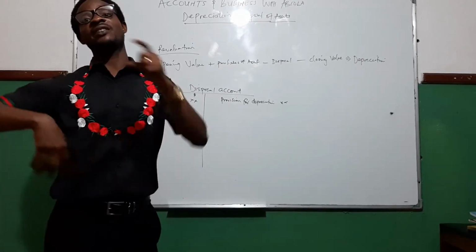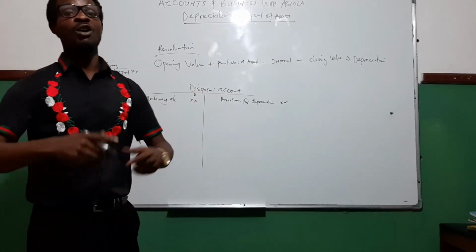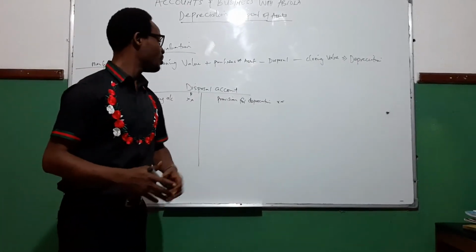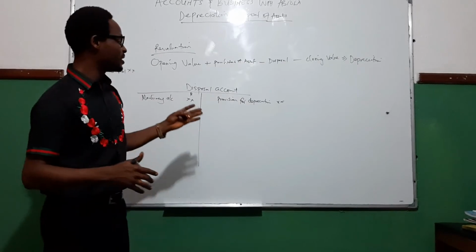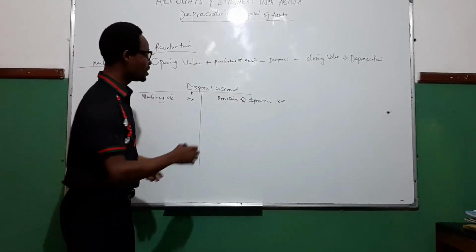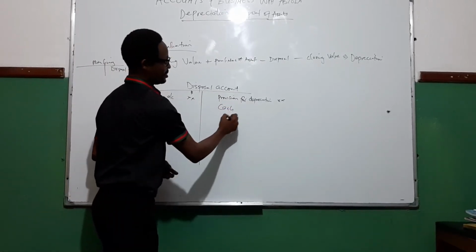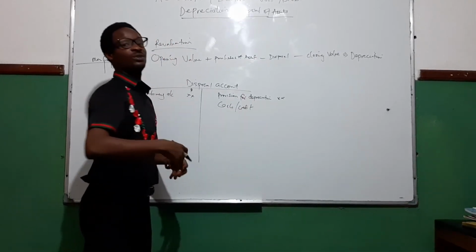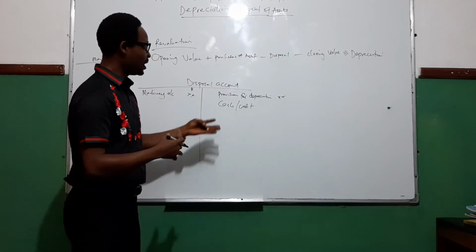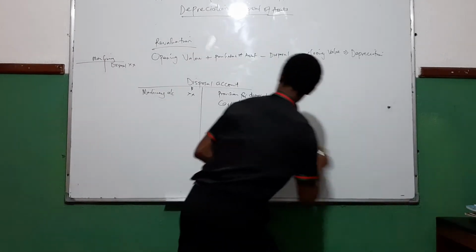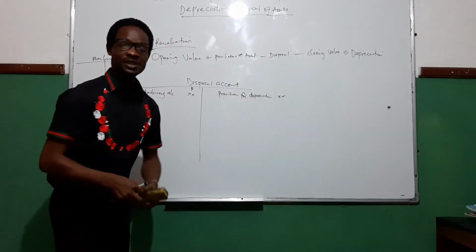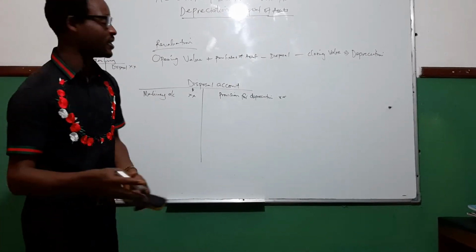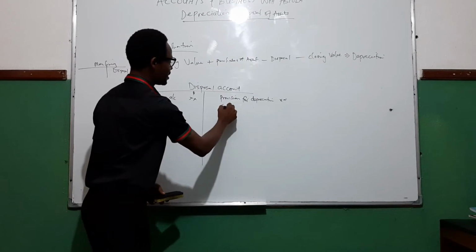Sometimes the business may exchange an old asset for new asset, or the business might just sell it off outright. Whichever of the two, the sales proceed will be recorded here, whether on cash or on credit. So the sales proceed obtained from the asset, or what it is exchanged for, will be recorded in the credit side there.